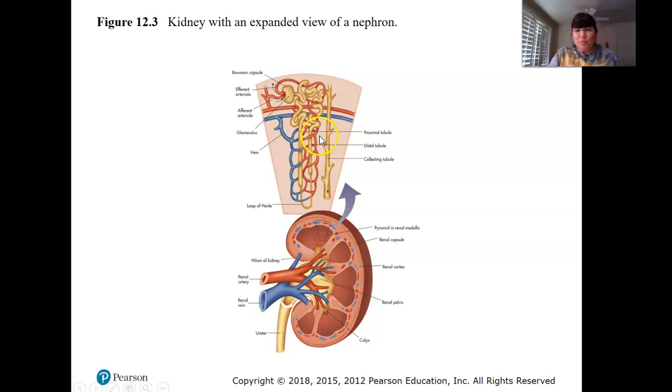But if we zoom in on the kidney, every kidney has these things, this yellow, tan-looking thing. This is called a ureter. Excuse me, no, this is called a nephron. I'm sorry, I was thinking of the macroscopic. Okay, this is called a nephron. The nephron is the functional unit of the kidney.